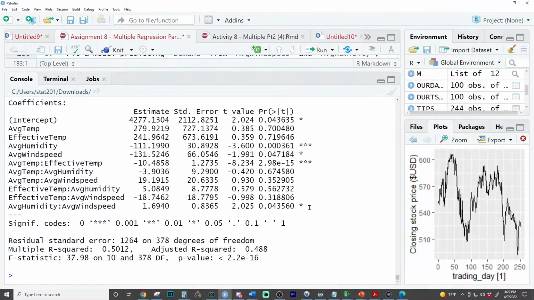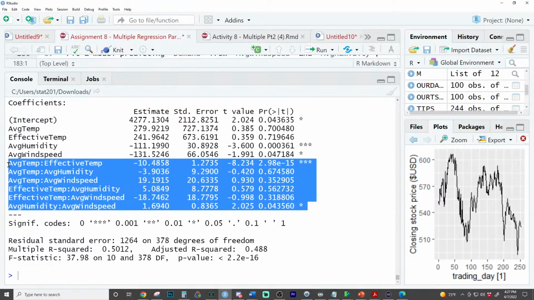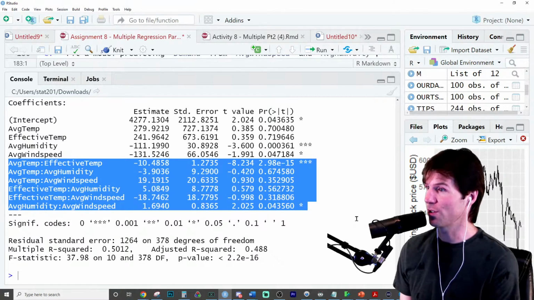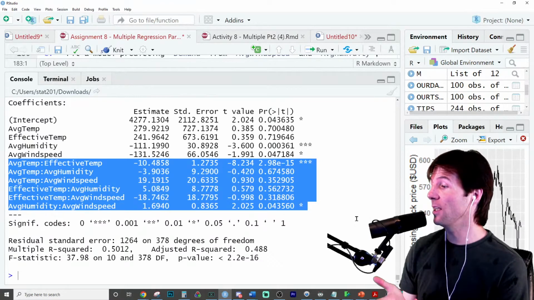So what is the quick way, Kayla, to see if any of these interactions are statistically significant? And this is where the interactions are right here. These are the terms without the interactions, like average temp, effective average temp, average humidity, average wind speed. What is the quickest way to see if things are statistically significant? The stars, exactly. And technically any star.